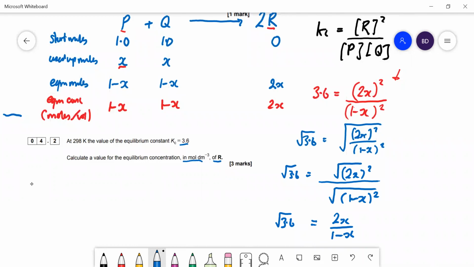Right, so let us put the numbers in there. I'll do that on the left-hand side here because I'm running out of space. So the root of 3.6 is equal to 1.897. That is equal to 2X over 1 minus X, so that's 1 minus X times that.